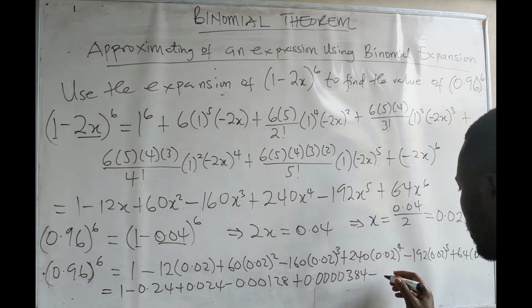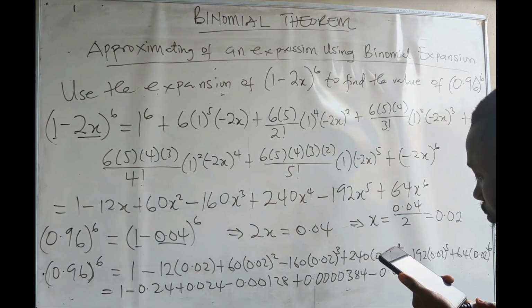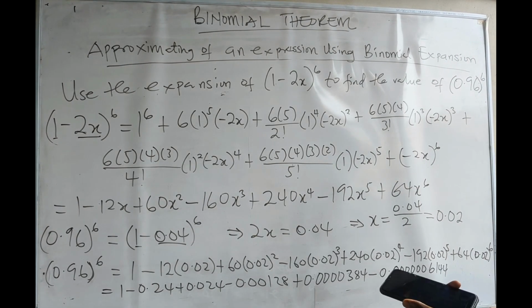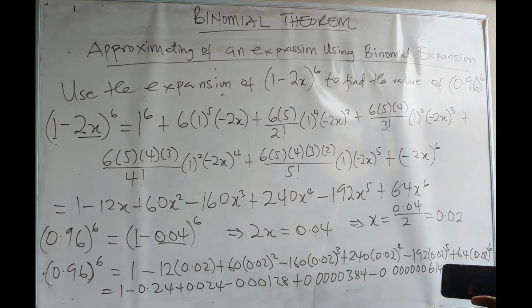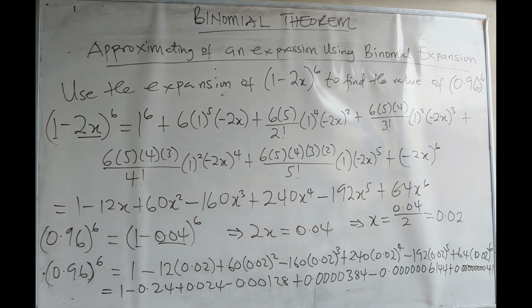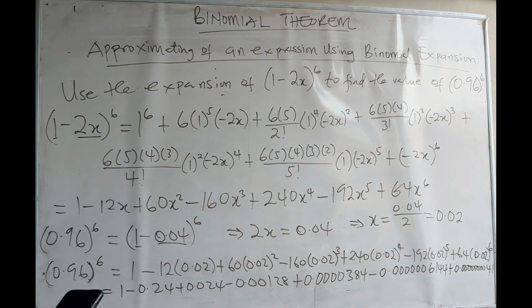Oh, that is 0.0000000614. I can't imagine how the last one is going to be. 64 times 0.02 exponent 6, so 8 zeros. It's funny how we are getting this.